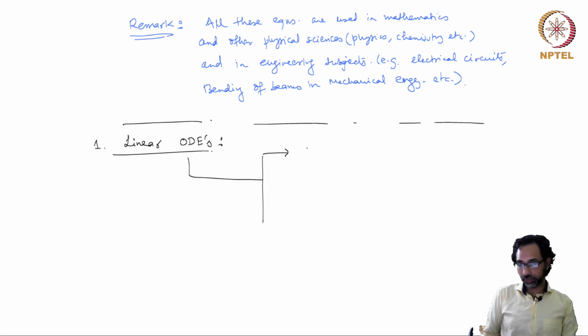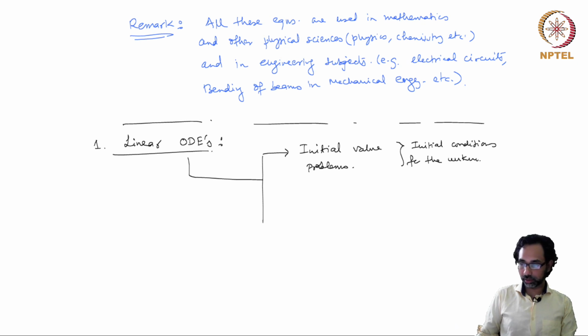So one is initial value problems, where you have given values for some initial conditions for the unknown function y at a specific point t equal to a. So you can have a equal to 0, for example, and so these are called initial value problems.